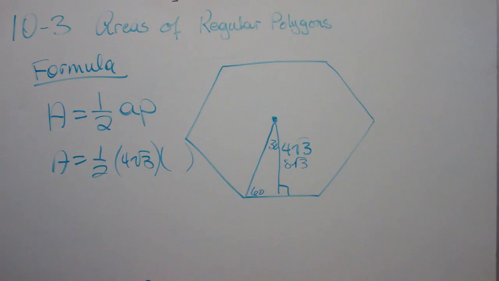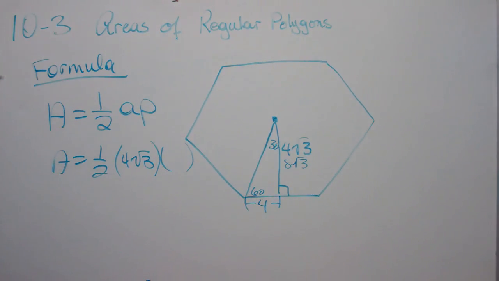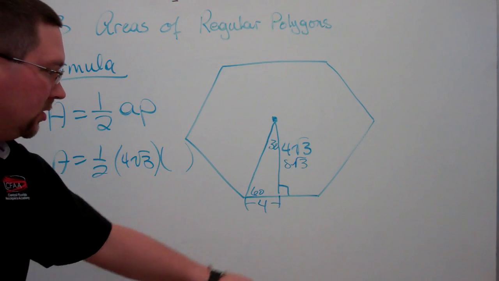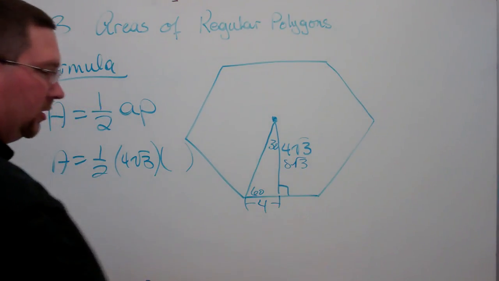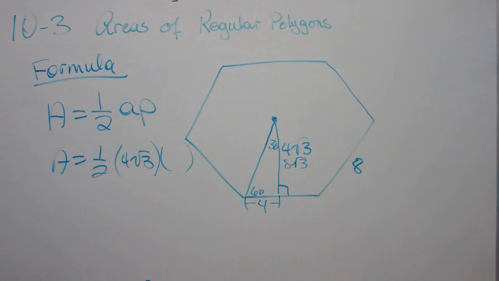In this case, s is simply 4. But 4 is not the entire side length, it's only half of it. So if half of our side length is 4, the whole side length is 8. Now one side length is 8. 6 times 8 is what?